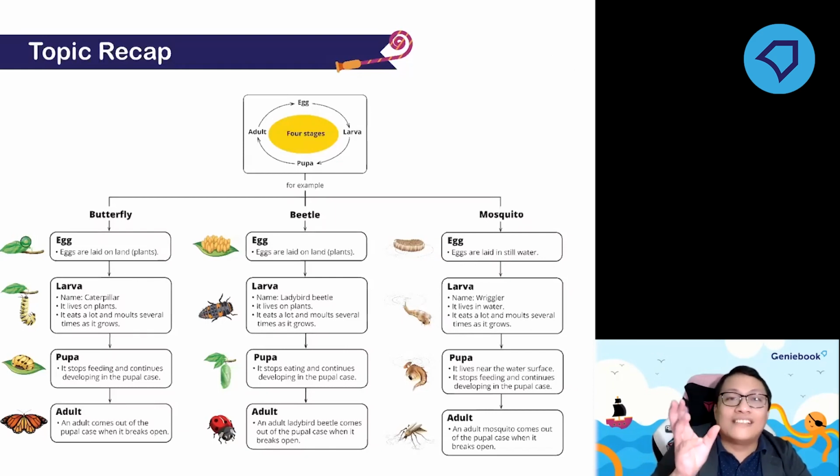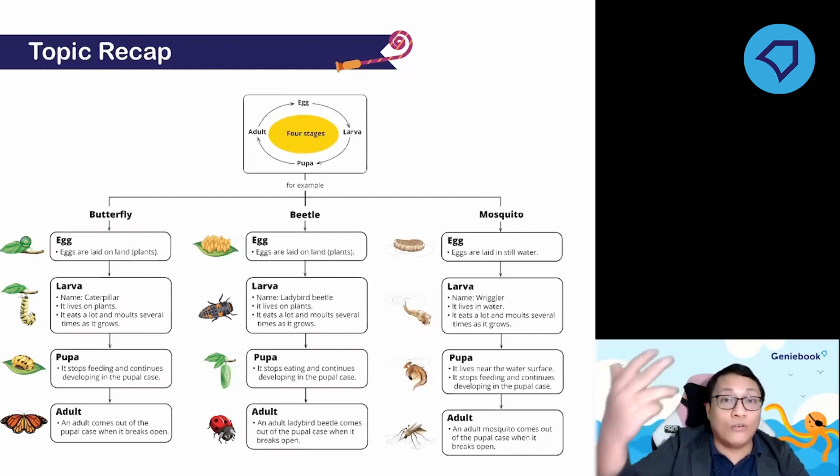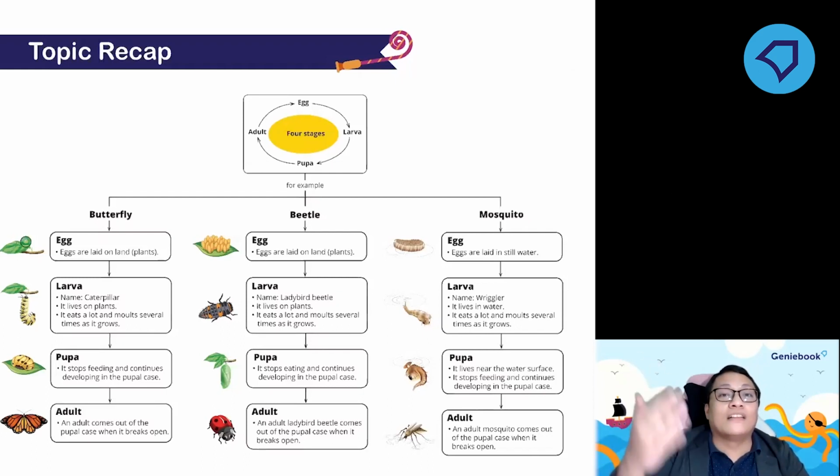The larva is inside pupa and they cannot eat. So that's why they need to eat a lot before they become pupa. Because they cannot eat, they cannot move. The only thing that they can do is breathing and growing. So there are a lot of changes happening in pupa.